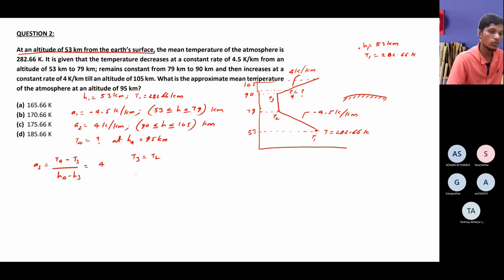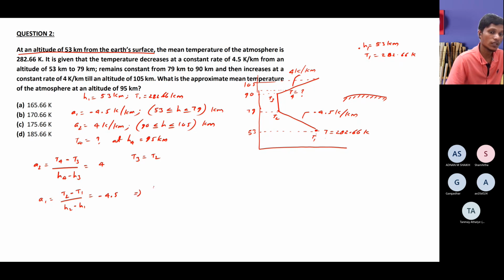To find T2, we again use the first lapse rate equation. A1 equals T2 minus T1 by H2 minus H1 equals minus 4.5. You can write your units, but let me solve this for T2.